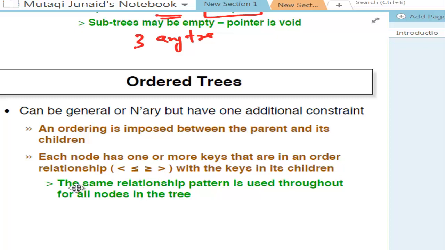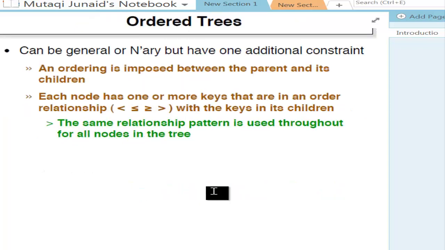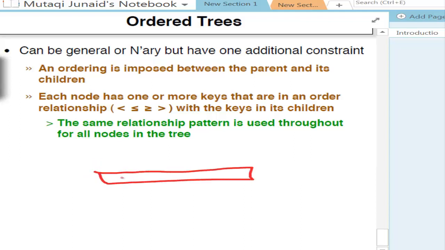What does that mean? Let's take an example. Say we have an n-array case, and we can have as many keys as we like. Say we have keys like 5, then 10, then 15, and then 20, or you can have any number of keys. Now if there is a subnode attached to it, with this key, it has to be less than 5.